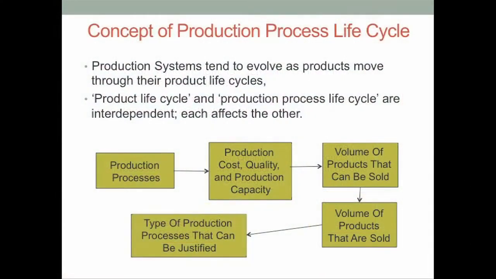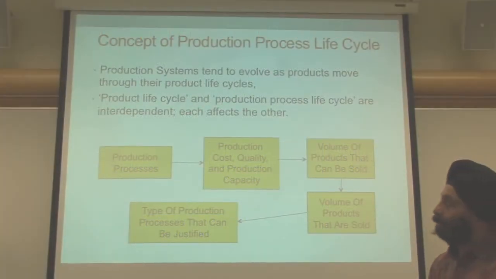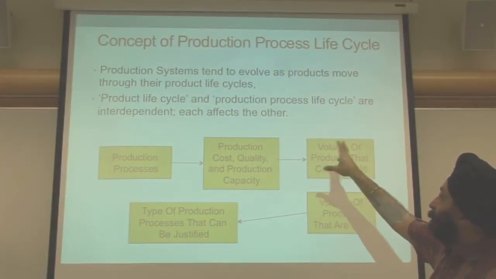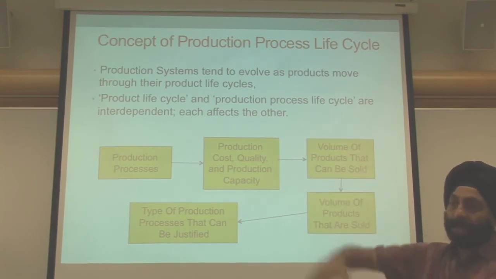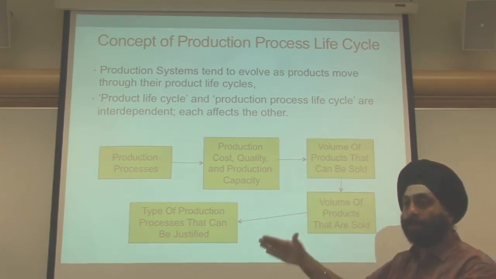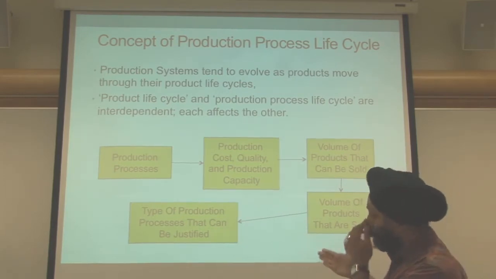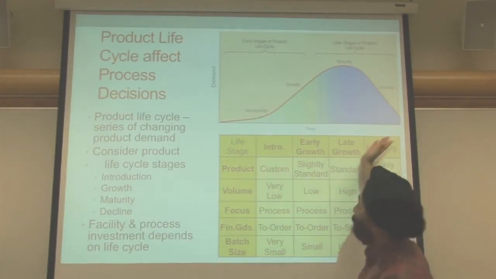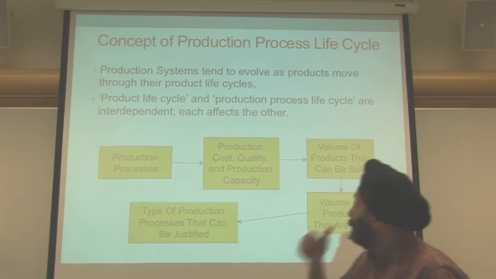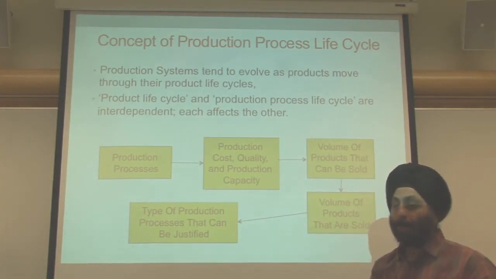Concept of production process life cycle. Production systems tend to evolve as the product moves through the product life cycle, as I showed you in the previous slide. Product life cycle and production process life cycles are interdependent. So as the product life cycle goes from introduction to growth to maturity to decline, you can see the production process life cycle also has to be modified.